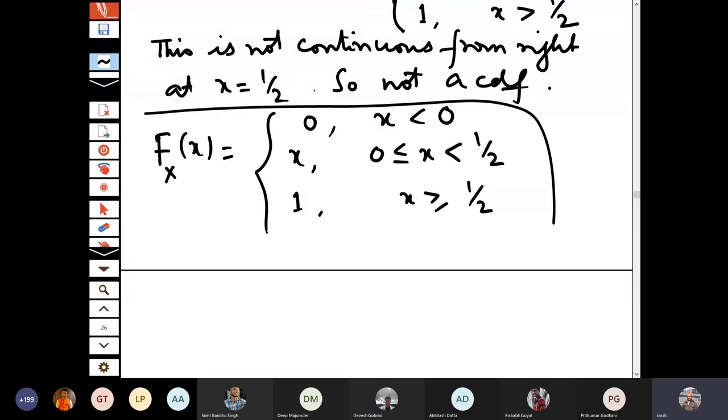Can you tell what is this random variable? Can anybody tell?